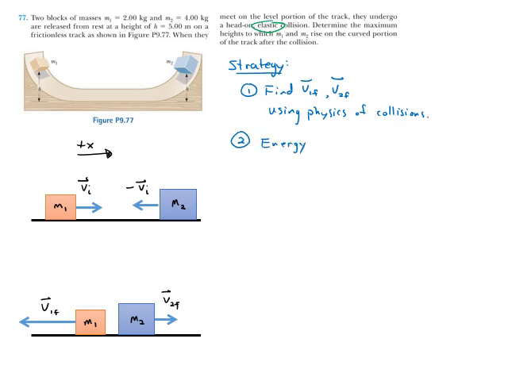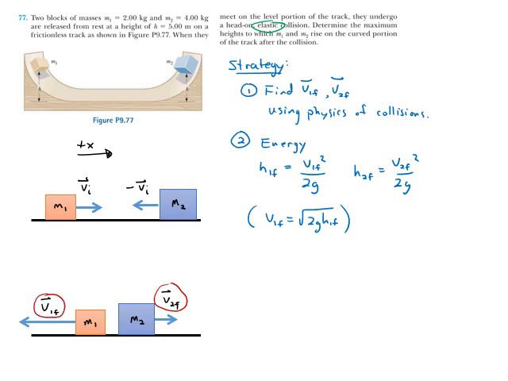We can say that the final height, say h1f, will be v1f squared over 2g, and h2f will be v2f squared over 2g. This just comes from conservation of energy, like I had on the previous slide. If you rewrite it, v1f is the square root of 2g h1f, right? So that's our plan. So our intermediate targets are going to be to determine v1f and v2f. And then I can use energy pretty straightforwardly to find those final heights.